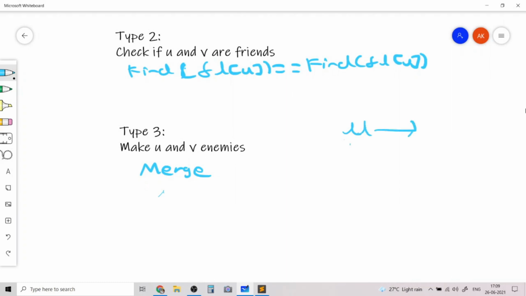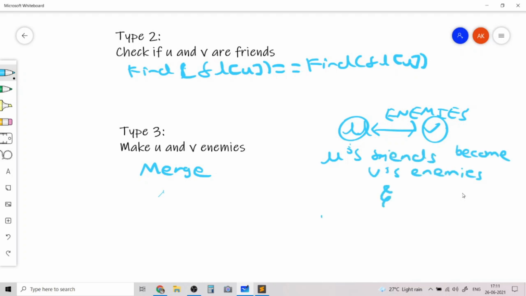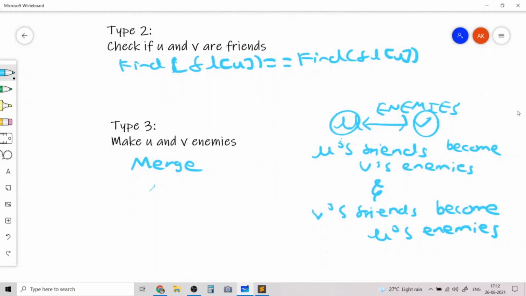So if U and V are enemies of each other, then what this means is that U's friends become V's enemies, and V's friends will also become U's enemies, and this should also be quite intuitive to understand, because friendship and enmity are transitive, and hence if you are enemies with somebody else, then all your friends will also become enemies of all that person's friends, and similarly the other way around for both the nodes U and V.